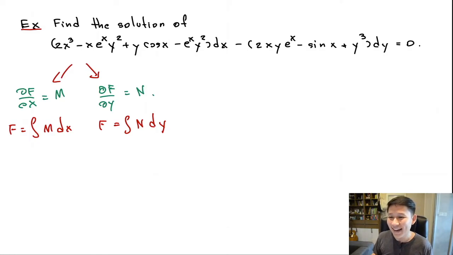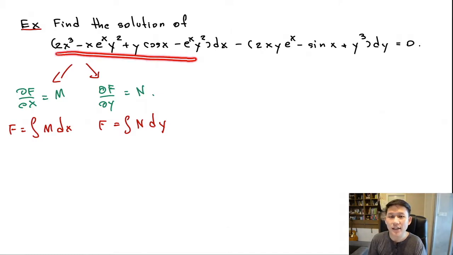Okay, welcome back. I know that many of you paused, but many of you didn't. It's up to you, but it's a good way of practicing thinking. If you look here, the integral of M dx, you need to integrate this guy with respect to x.